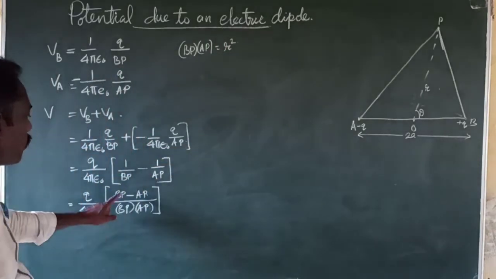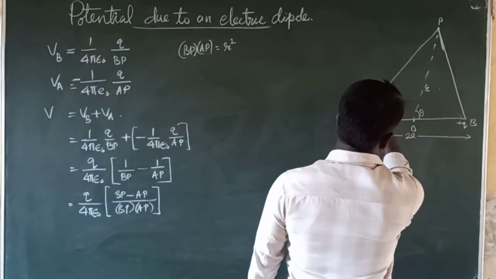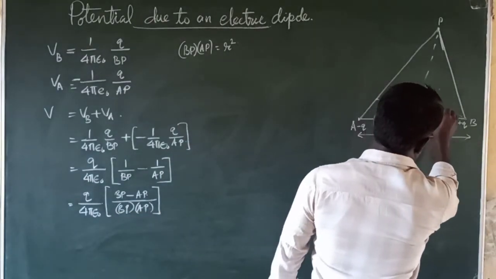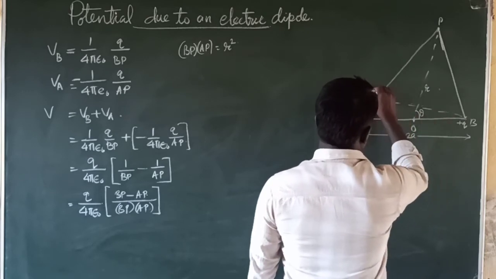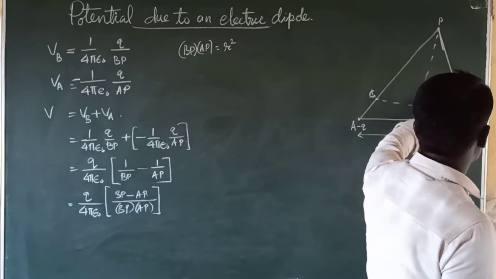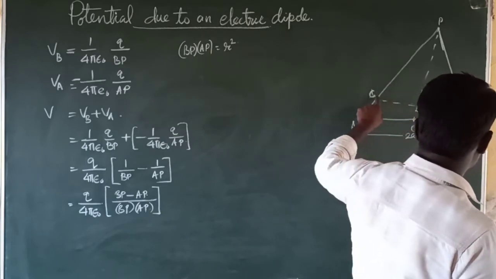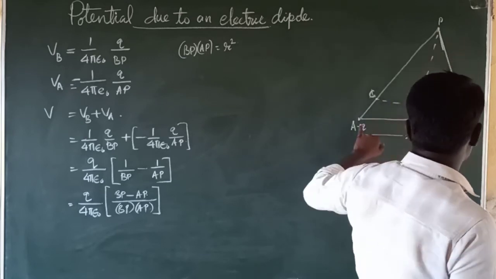And what will be BP minus AP? That will be AC, the difference between these two sides, BP and AP, from the point A.